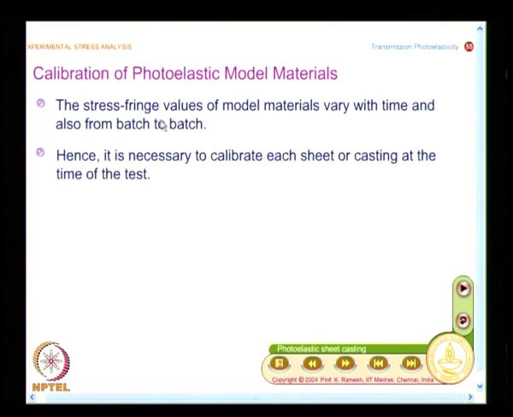Because I use only polymers, and when I use polymers the stress fringe values vary with time and also from batch to batch, they do not remain the same. So, I need to find out at the time of the experiment what is the material stress fringe value for the model material that I have selected.